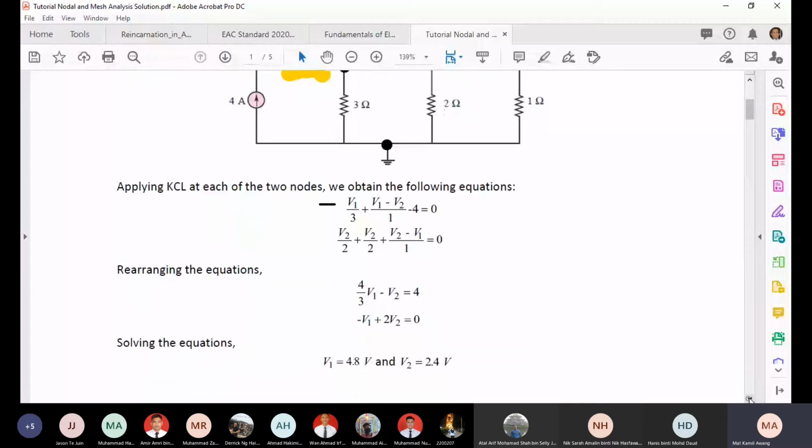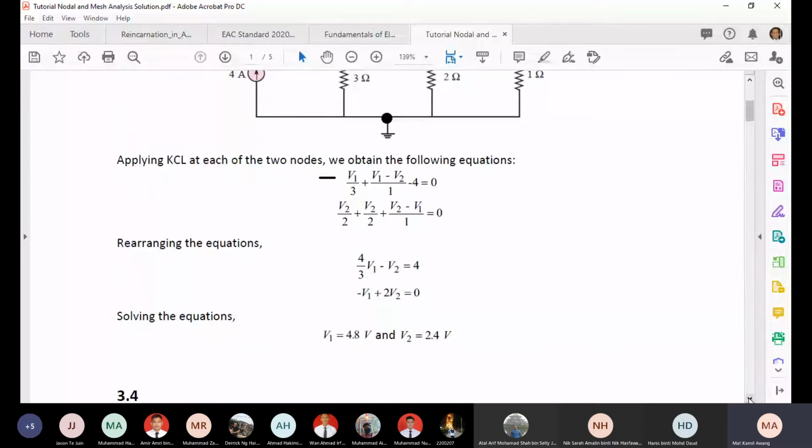Then we rearrange the equations. The first one: V1 over 3 plus V1 minus V2 minus 4 equal to 0, so we get 4 over 3 V1 minus V2 equal to 4. The second equation, V2 over 2 plus V2 minus V1 equal to 0, rearranged to become minus V1 plus 2 V2 equal to 0.